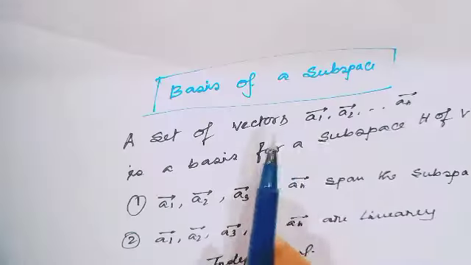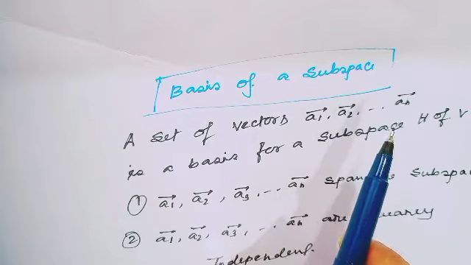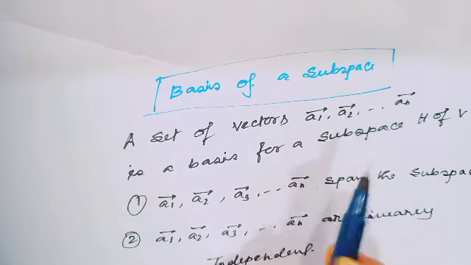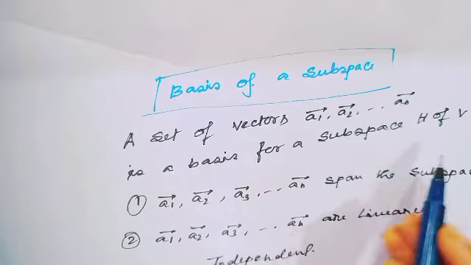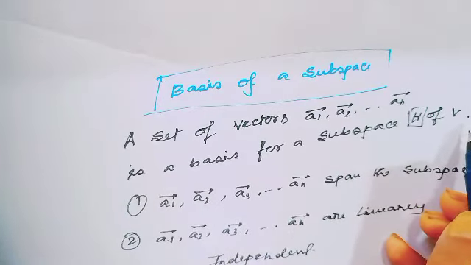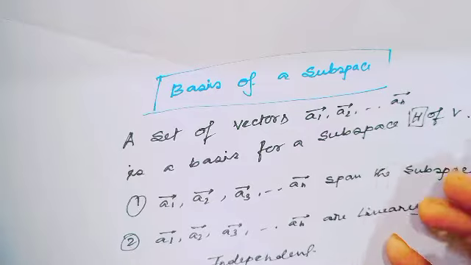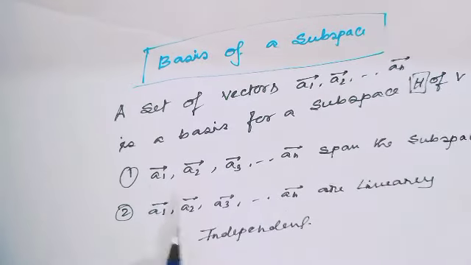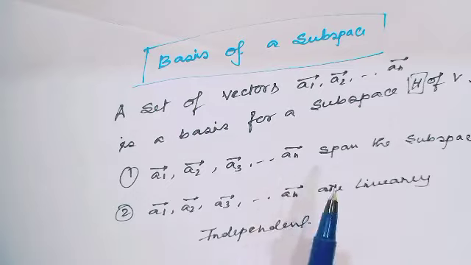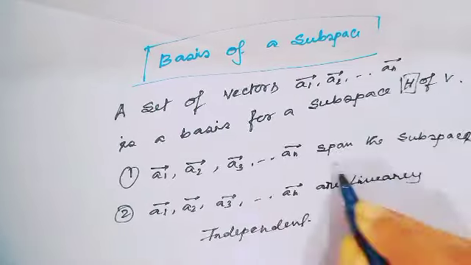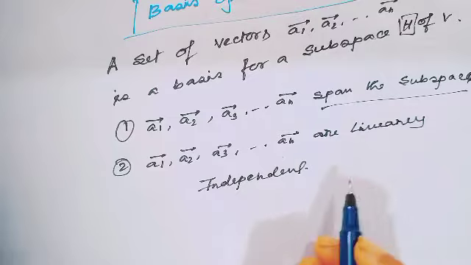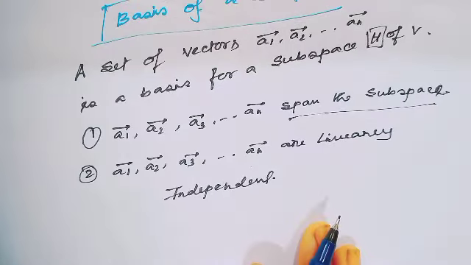So the definition of a basis of a subspace is this: a bunch of vectors A1, A2, up to An is a basis of a subspace S of the original vector space V when this bunch of vectors spans the subspace and is a linearly independent set.